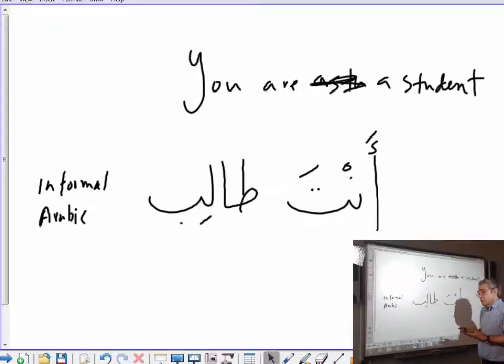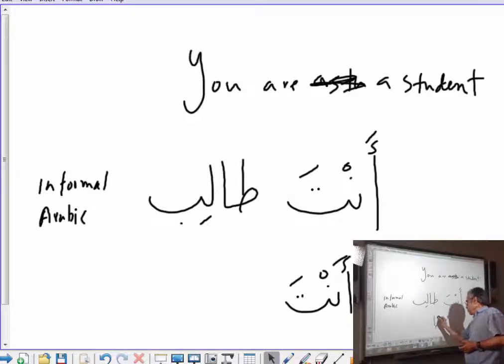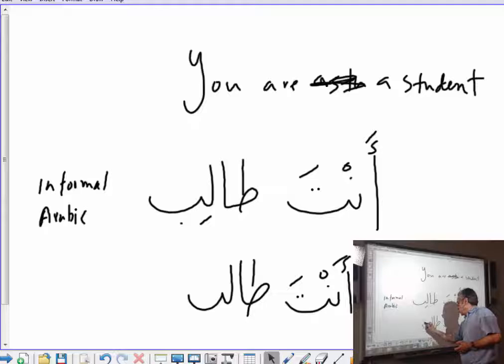But if I want to make the language more formal, I need to use the case marking, or al-i'rab. So I say أنت طالب, with the case marking here.